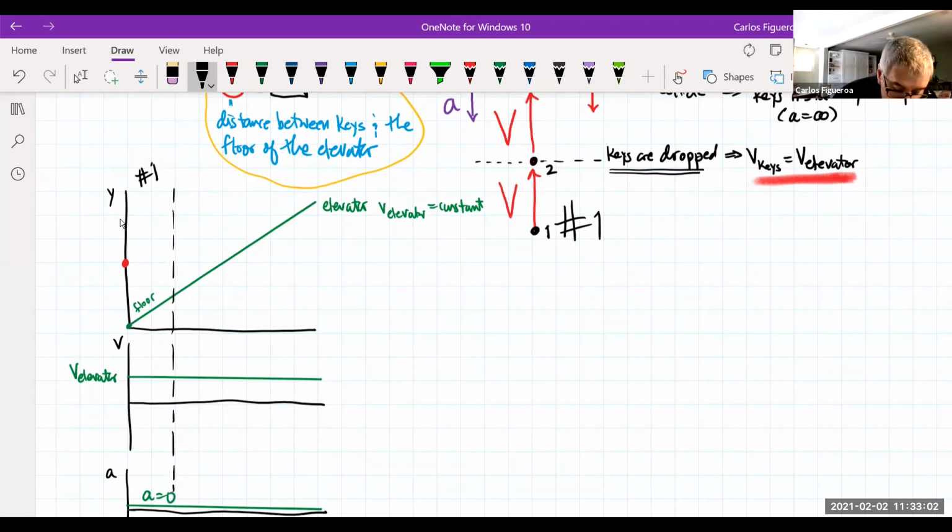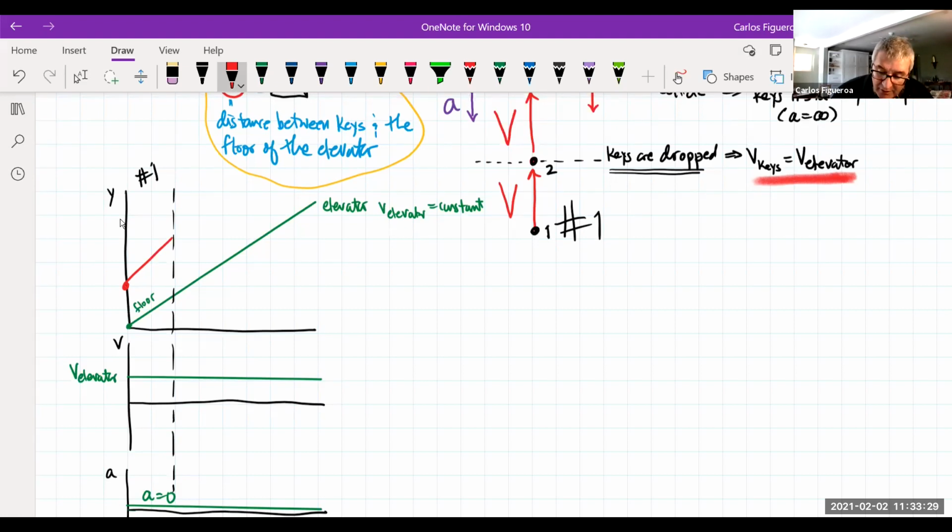Now, when I look at this thing here, I'm going to move my red dot a little bit further down. They have to have the same speed. So if I look at this guy, note that the keys and the elevator have parallel lines, assuming that I drew those parallel.